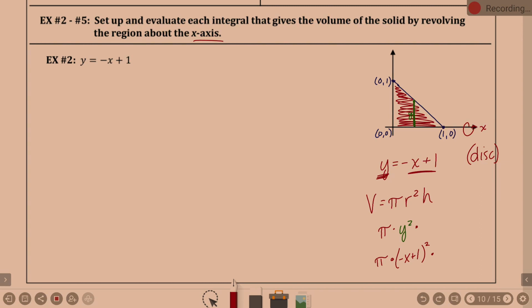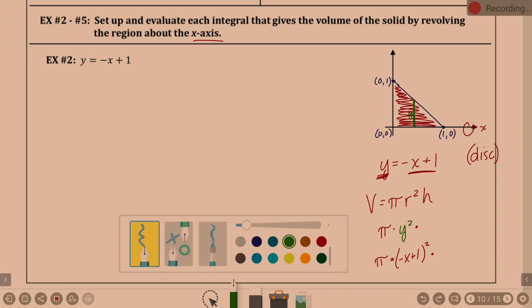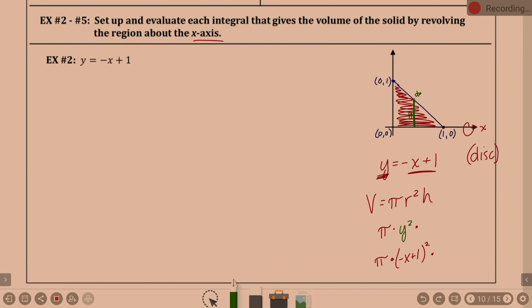What's the width of this little rectangle going to be? The width of that rectangle is going to be dx. And dx should match, what are we working in? We're working in terms of x.